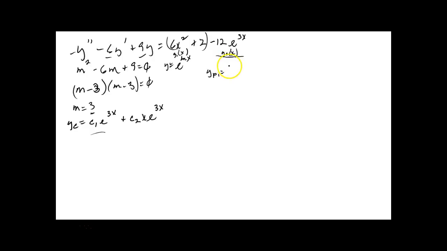What would that be? A x squared plus Bx plus C. There's your first one.